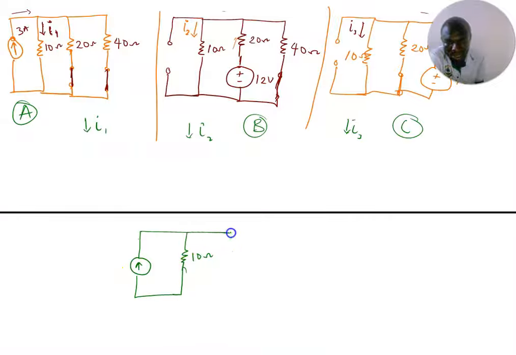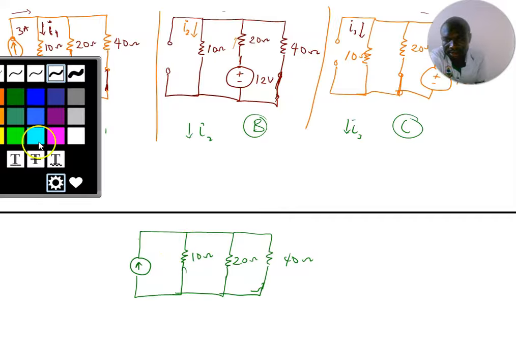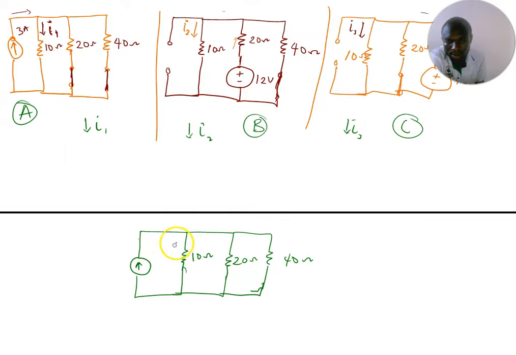Then I have the 20 ohms and 40 ohms. So you see, my target is to find I1. So I1. Okay.